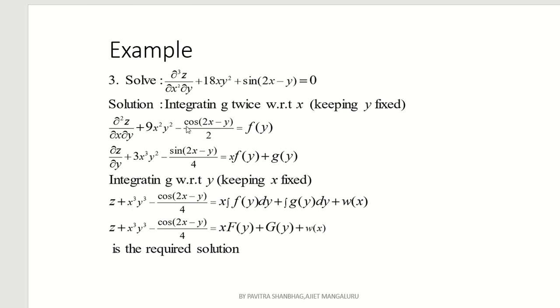So minus cos(2x − y), its integration is minus sin(2x − y) divided by 2 already there, and one more 2 will multiply because the coefficient of x is 2, so 2 into 2 is 4. Now integrate this f(y) with respect to x. So f(y) is constant, 1 dx remains. Integration of 1 dx means x. Again we have to add the integral constant here. Since we are integrating with respect to x, again we add the constant of integration in terms of y, that is g(y).